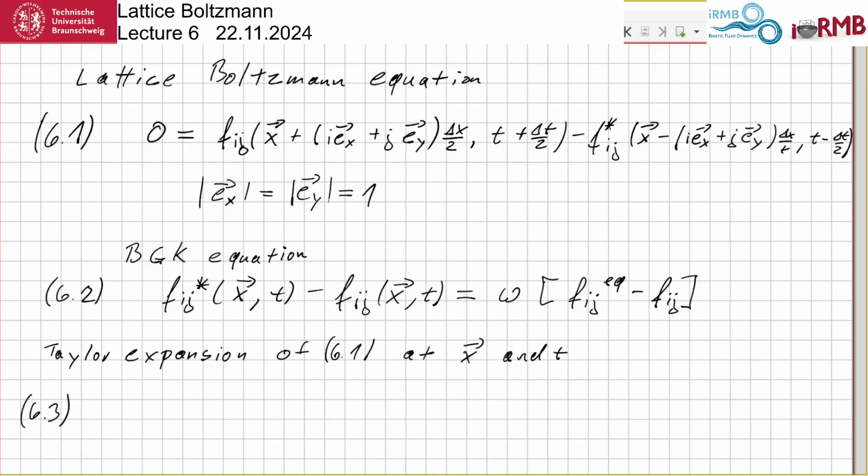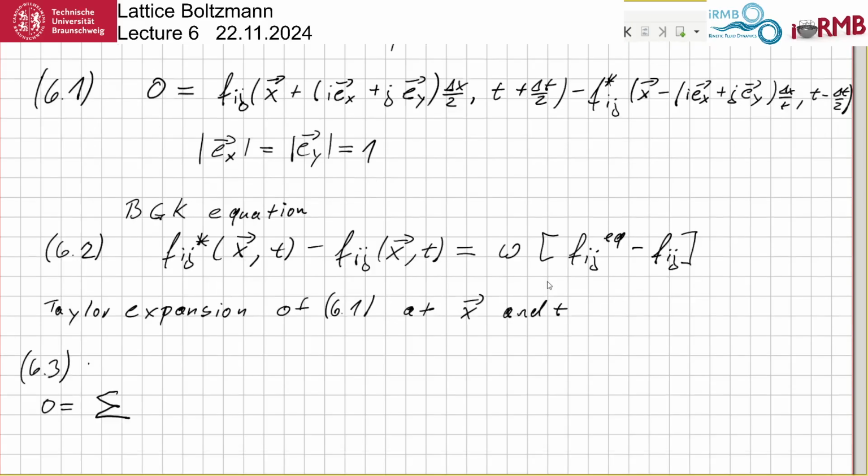So we take this equation, the Lattice Boltzmann equation, up there because it's a little lengthy. I start down here. So it's a sum from 0, and I will use only one symbol for the sum. We have three sums, and I will use the indices m, n, and l.